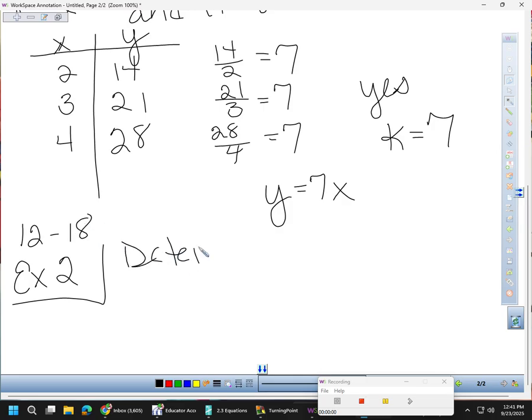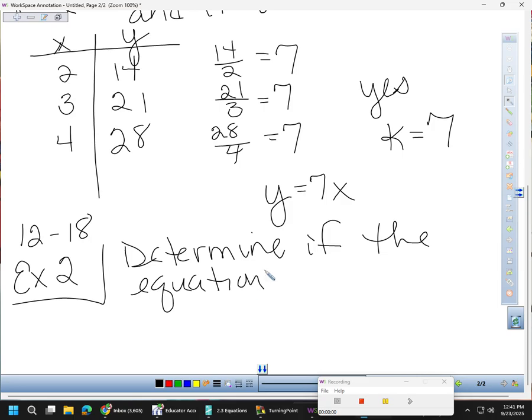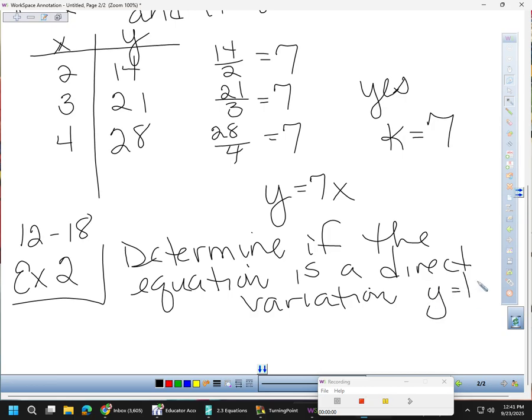Determine if the equation is a direct variation. And remember, for it to be a direct variation, it has to be y equals kx.